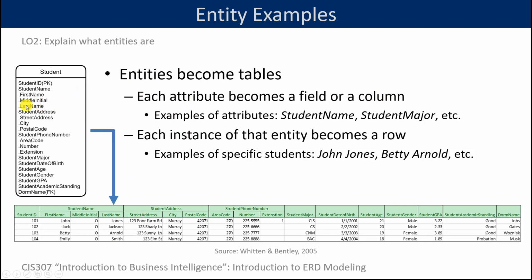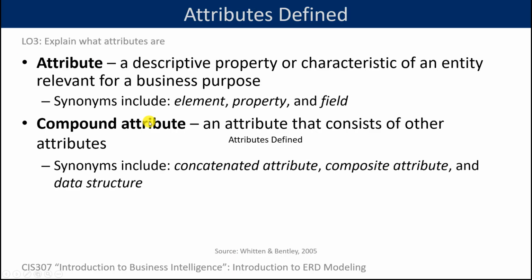Each attribute becomes a field or a column, and each instance of that entity, meaning each specific student about whom we store data, becomes a row in that table. Please keep that in mind when we discuss other more advanced concepts in relation to entities: every entity is implemented as a table.